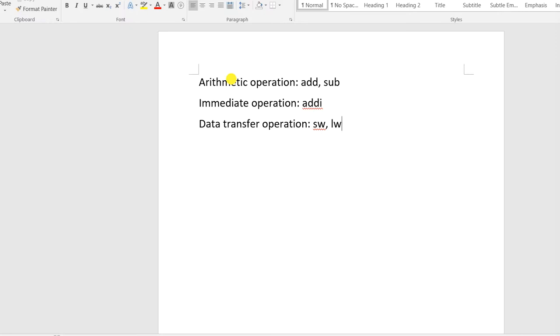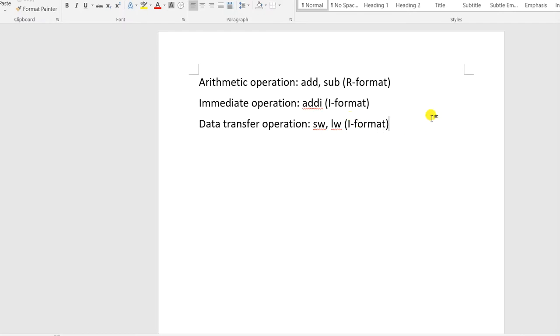Okay. So we also know to represent the arithmetic operation in machine language, I need an R format. And to represent add immediate in machine language, I need I format. In order to implement the data transfer operation, I need the I format.